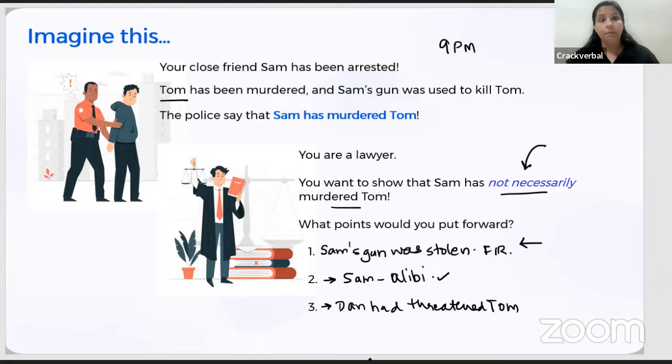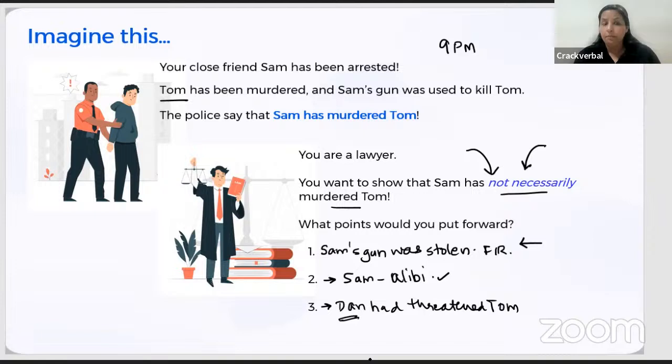There are like 10 people who saw Dan in public come and threaten Tom, telling him that he's going to kill him. So suddenly this makes me feel, hey, maybe it's not Sam who has gone and killed Tom. Maybe it's Dan who has done it. All of these points will help us show that Sam has not necessarily murdered Tom.